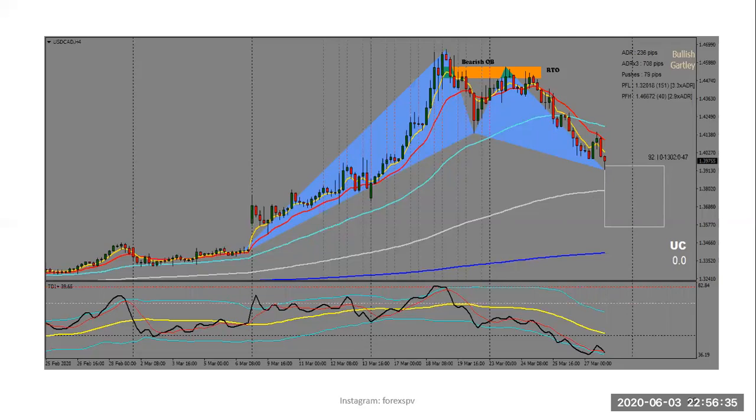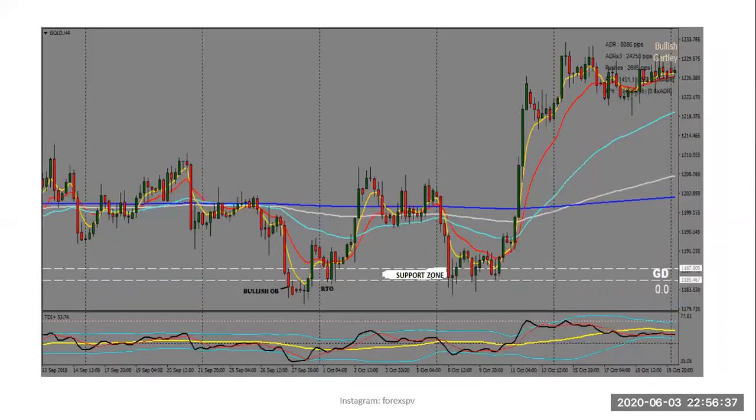We have it on this one on gold. So we have, see these two candles here going down.